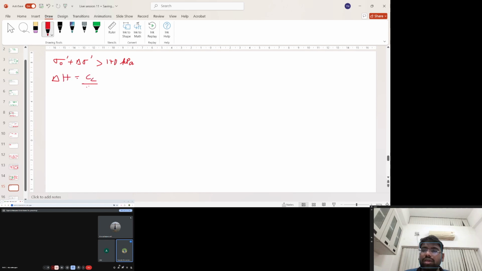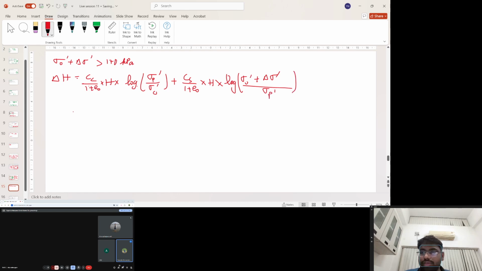So it will be Cc by 1 plus e naught into H, log of sigma p dash by sigma naught dash, plus Cs by 1 plus e naught into H, into log of the remaining value, which will be sigma naught dash plus delta sigma dash by sigma p dash, right?